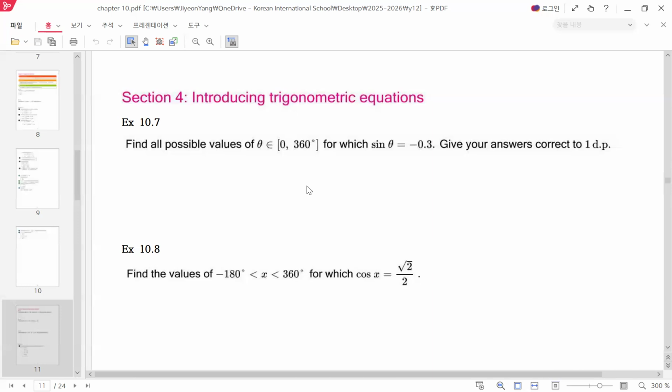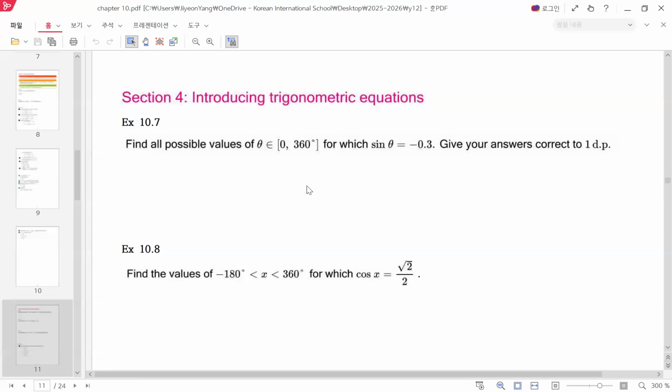If you want to extend to the negative direction, again, this one is 30 degrees. So this is the first quadrant one, and this is the second quadrant one. In the negative direction, negative 180, and then negative 30 more, which is negative 210.